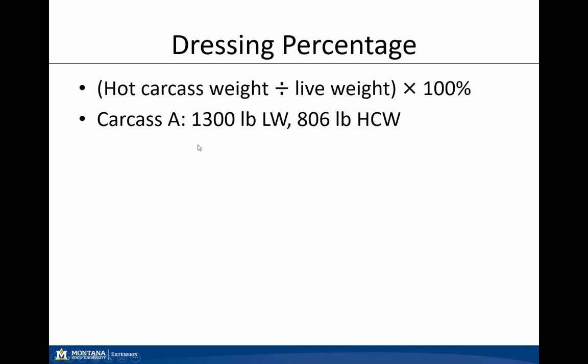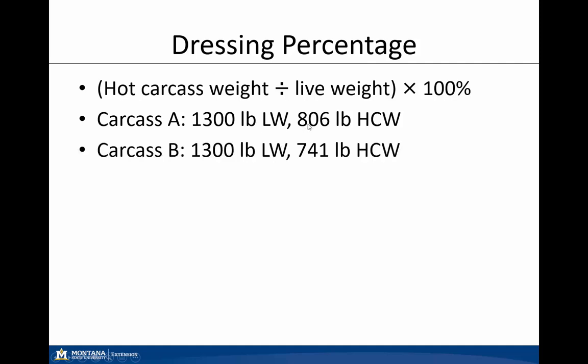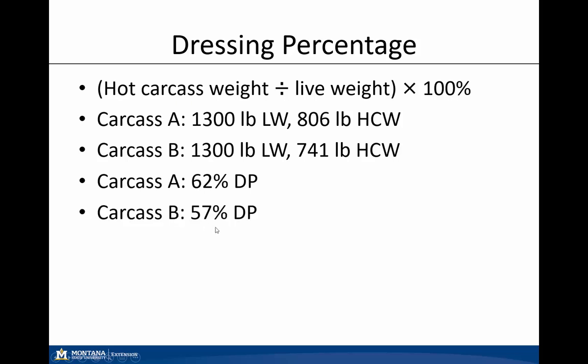So we have carcass A weighed 1,300 pounds live weight and had an 806 pound carcass weight. Carcass B also weighed 1,300 pounds but had only a 741 pound carcass weight. So if we calculate this out, carcass A has a 62% dressing percentage and carcass B only has a 57% dressing percentage. 62% is about average for the feedlot industry.